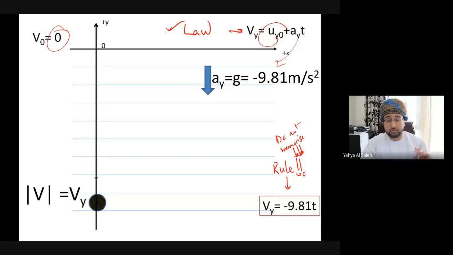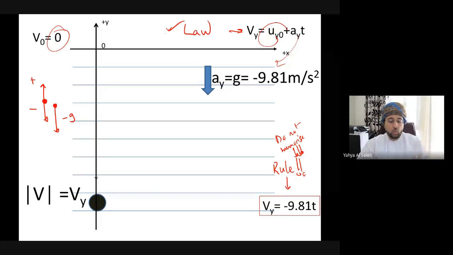So in this problem, I have chosen that going up is positive and going down is negative. I chose to label it as such. So when the ball is going downwards, I said minus G, because I decided from before that down is minus.